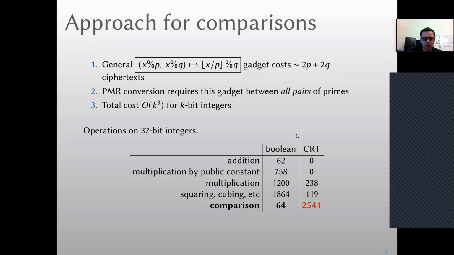Yeah, and so if we figure out how much it actually costs when we're talking about 32-bit integers, let's say, I don't know if this is true, but let's say 32-bit integers requires the product of 10 primes. So if you figure out how much this costs for the product of the first 10 primes, you get a comparison. This is how much it costs to garble a comparison gate.